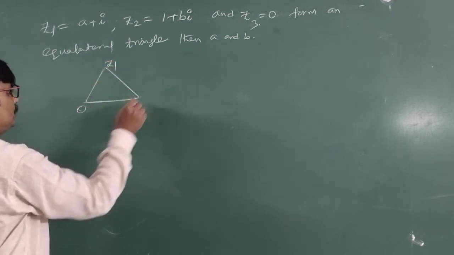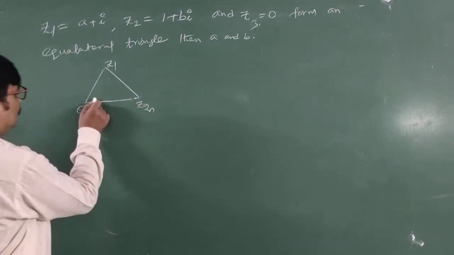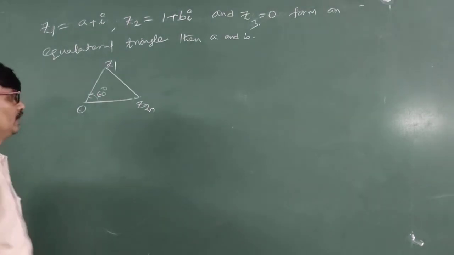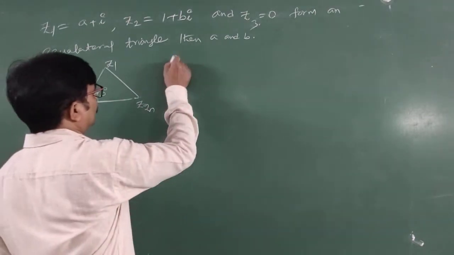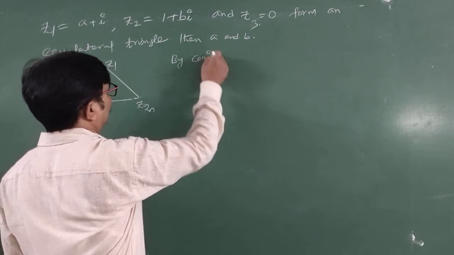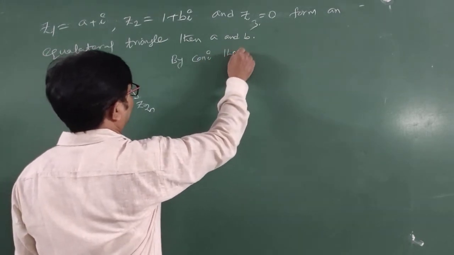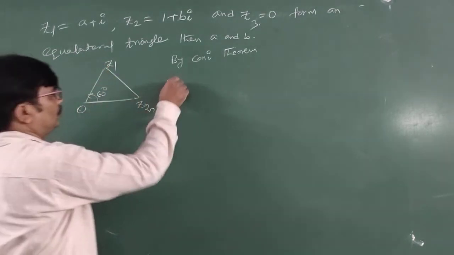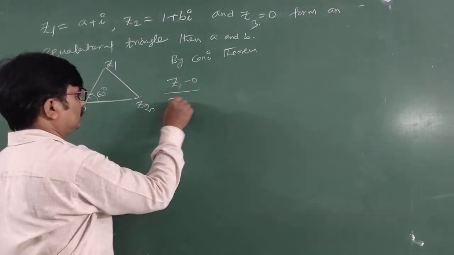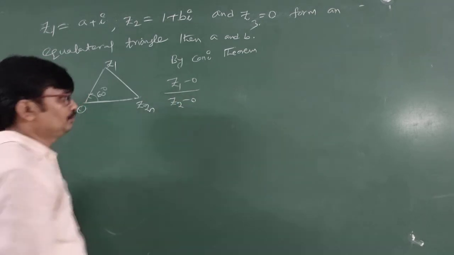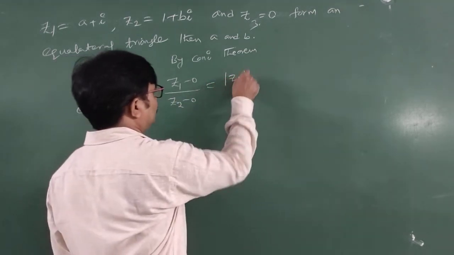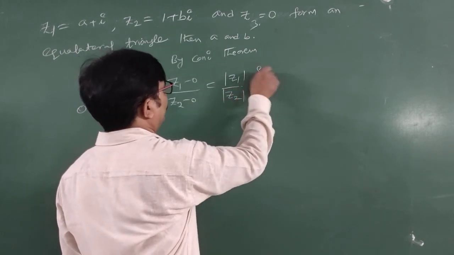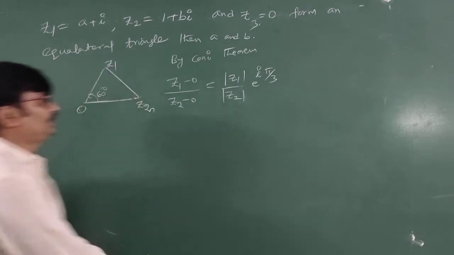See Z1, 0 and Z2. My dear students, this angle is 60 degrees. By the Coni theorem, we know that (Z1 minus 0) upon (Z2 minus 0) equals mod Z1 by mod Z2 times e power i pi by 3.